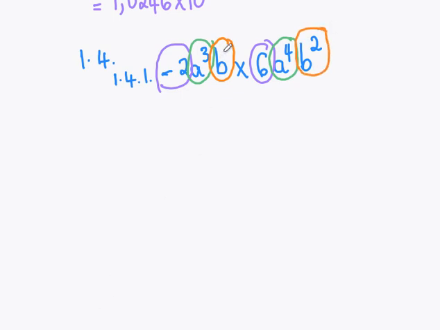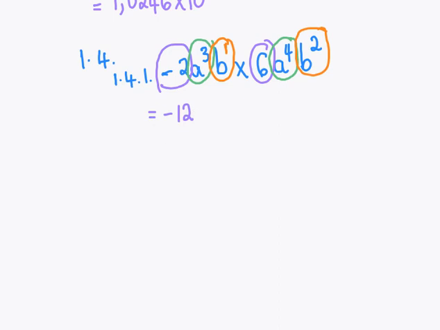And because this first b doesn't have an exponent, we always know that its exponent is actually 1. So now let's multiply the numbers together. Negative 2 times 6, that is negative 12. So we're done with the numbers now.